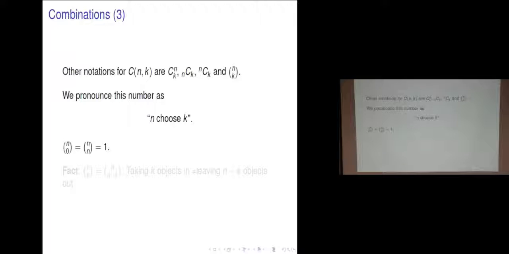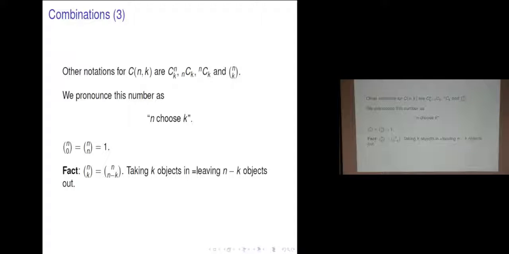There are some exceptions. N choose 0, we define to be 1, the same as n choose n. Maybe n choose n is easy to understand: you have no choice, you have to take all, so there is only one way. N choose 0 is probably also no choice, so just one way.